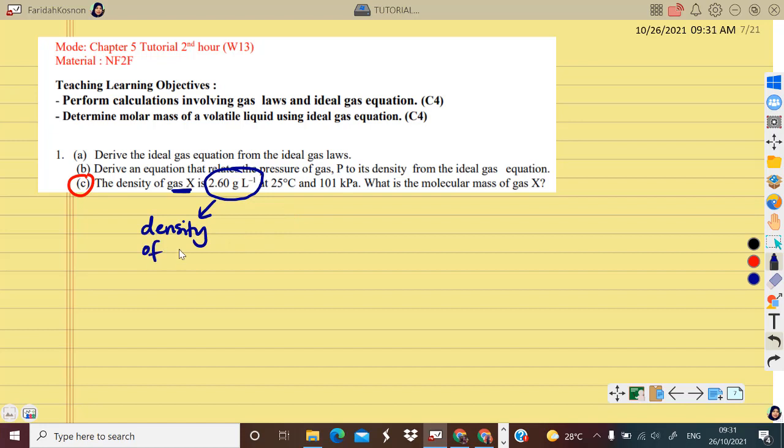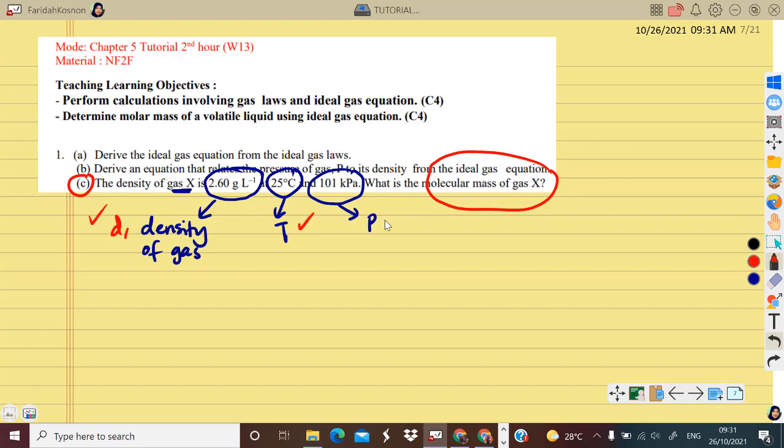Density of gas. Okay, and then we have the temperature. And this one is pressure, which is measured in kilopascal. Jadi kita kena tukarlah nanti kot kepada ATM. Tapi kita tengok dulu soalan, kenapa perlu tukar? Because we are going to determine the molar mass of gas X. Okay, kita ada density, kita ada temperature, kita ada pressure, nak cari molar mass.